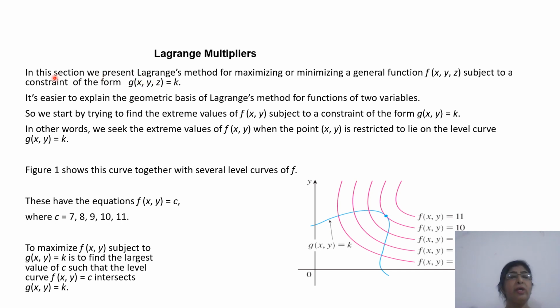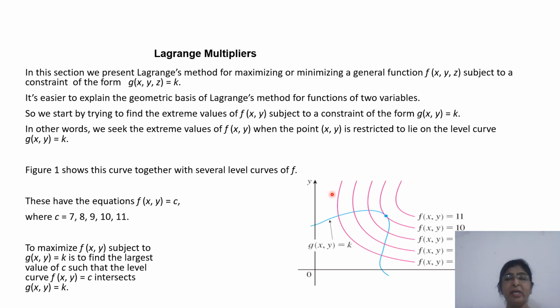So in this section, we present the Lagrange method for maximizing or minimizing a general function f(x,y,z) subject to a constraint of the form g(x,y,z) = k. It's easier to explain the geometrical basis for the Lagrange multiplier method for a function of two variables.